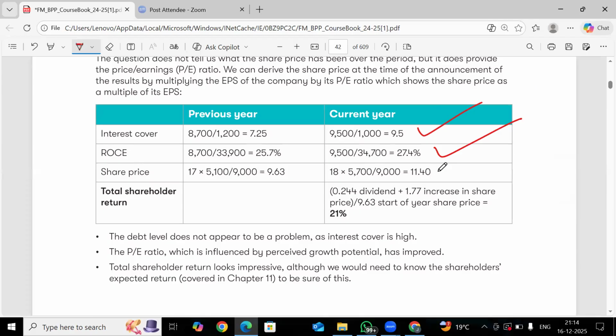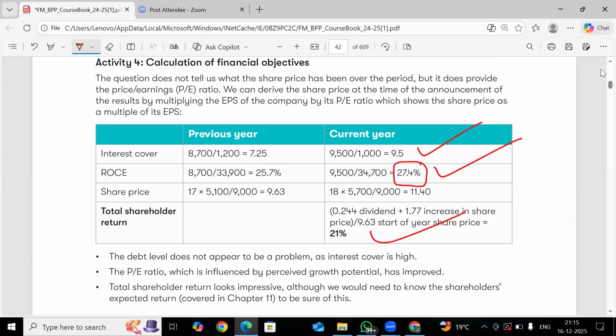And we got 21%, correct? Yes, sir. Yeah, so we did everything, right? I don't know what method they have followed, but I have done it with my method. So you can really understand how I've done it and what the way is. So ROCE was 27.4 only, right? Yeah, okay. So we are done with this also.